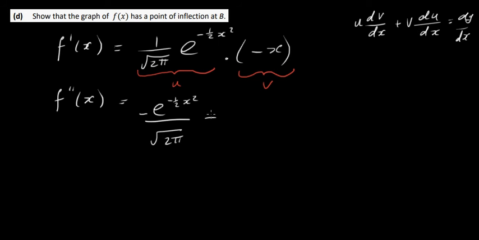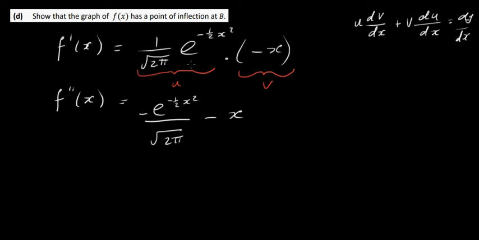Plus v, which is minus x, so I'll change that to a minus and put the x here. Now I've got to differentiate u.